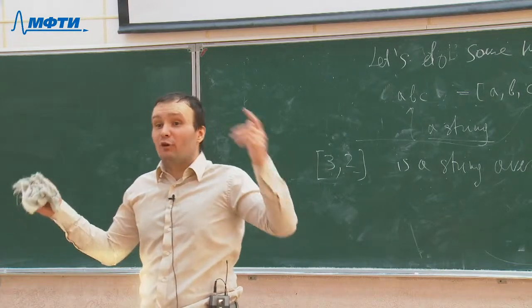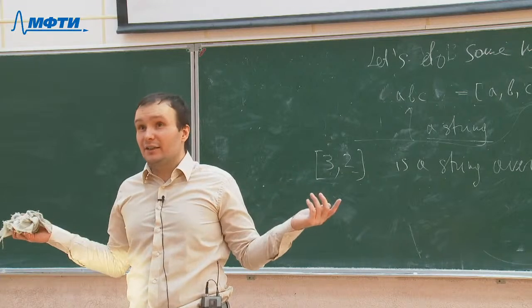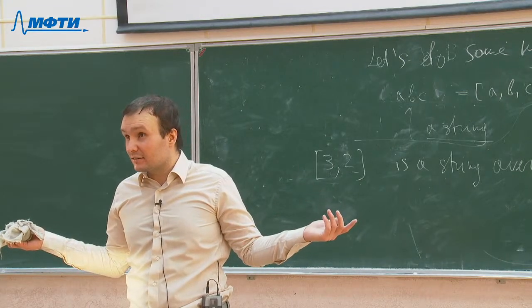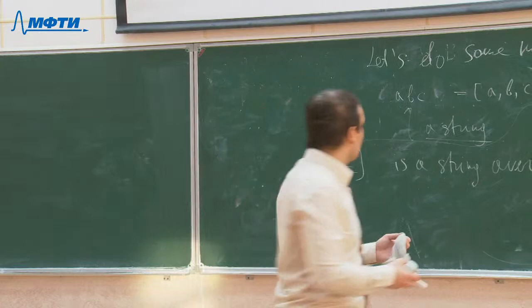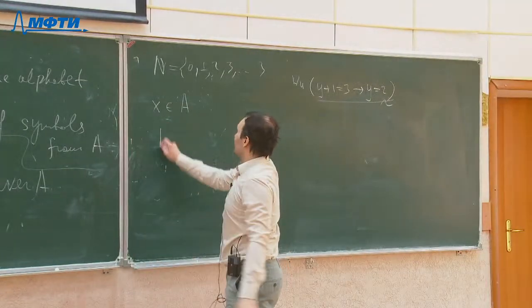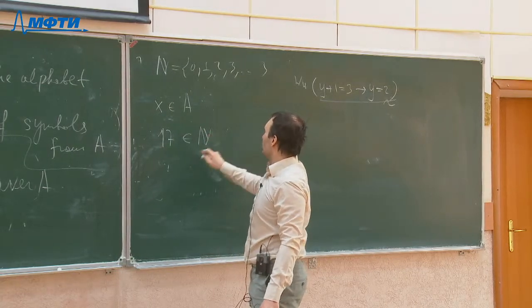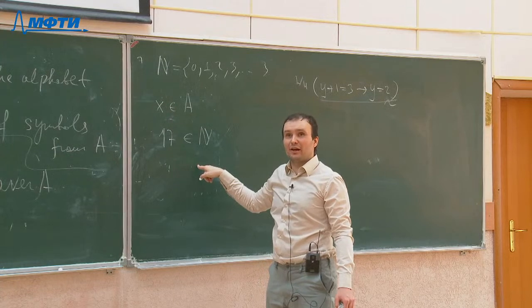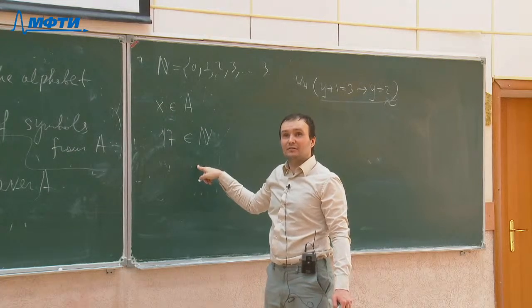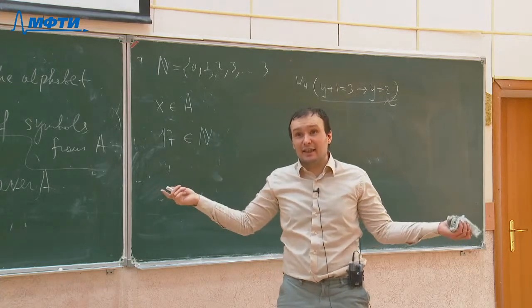I'm not asking for the definition, but just for some basic intuitive understanding. For example, do you agree with the following? 17 belongs to the set of natural numbers. It is another way to say that 17 is a natural number.